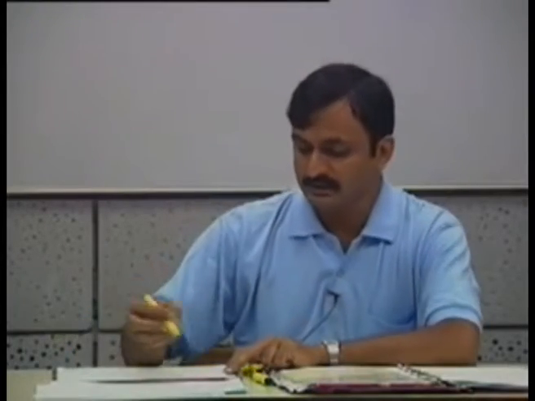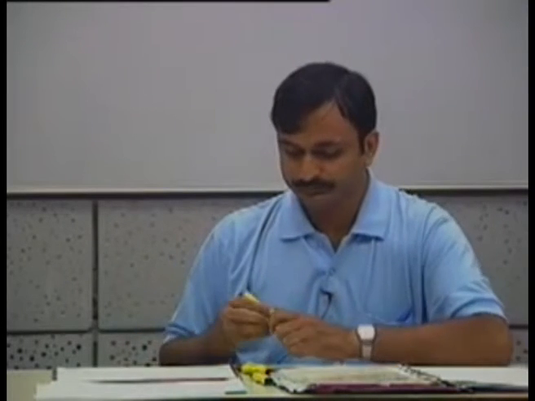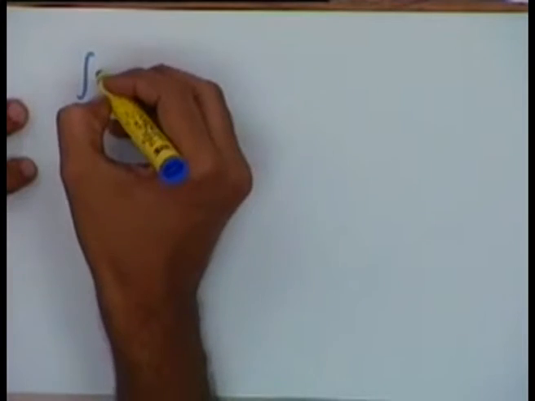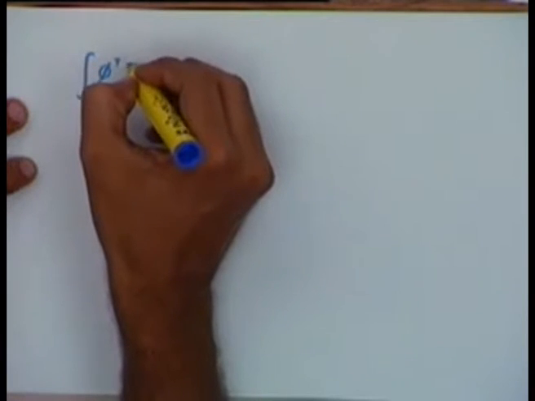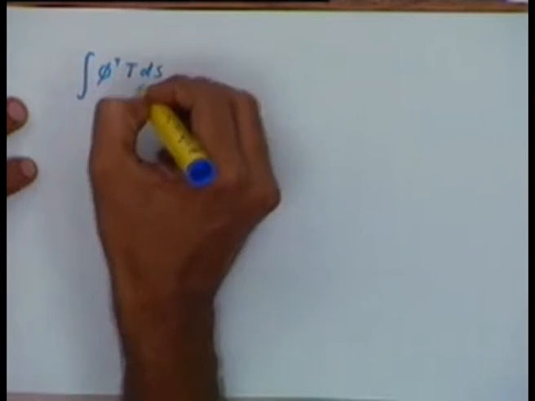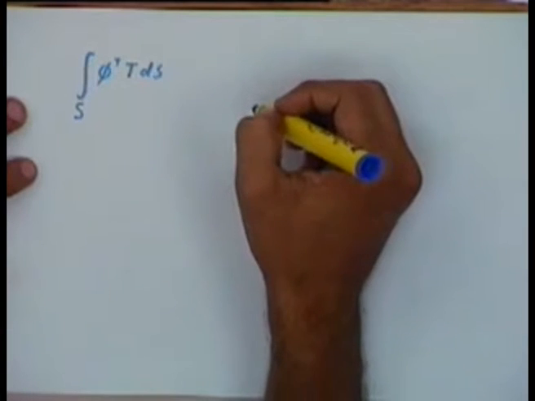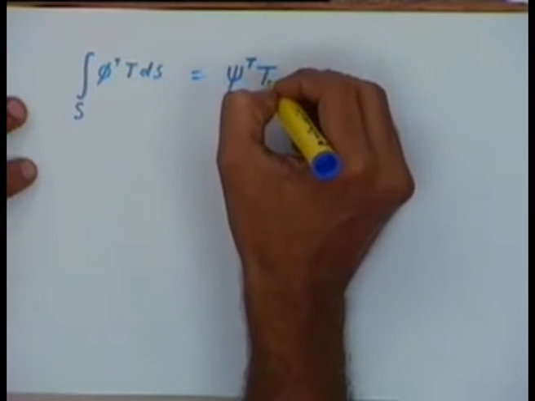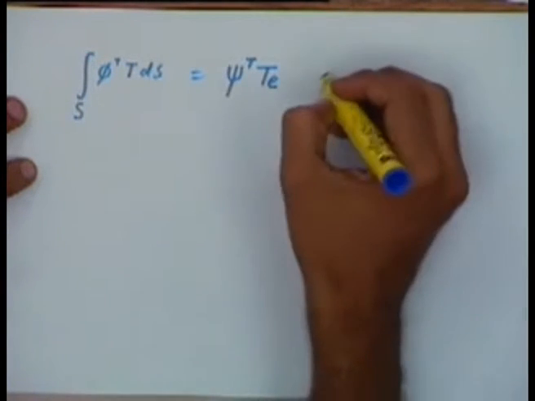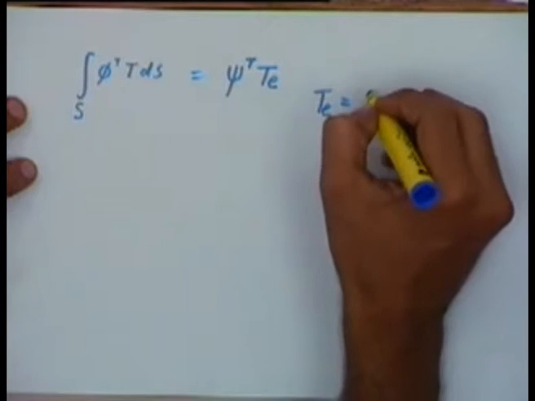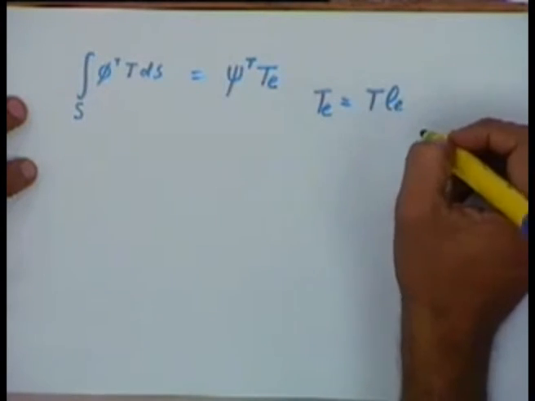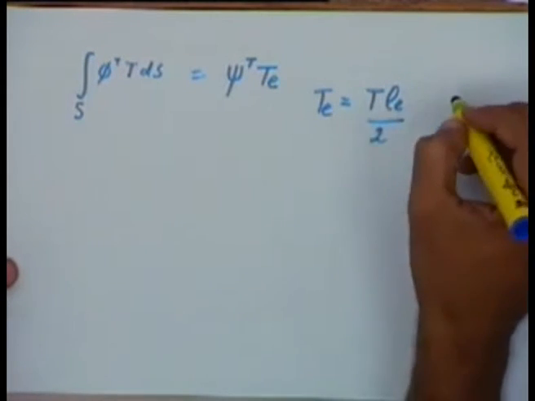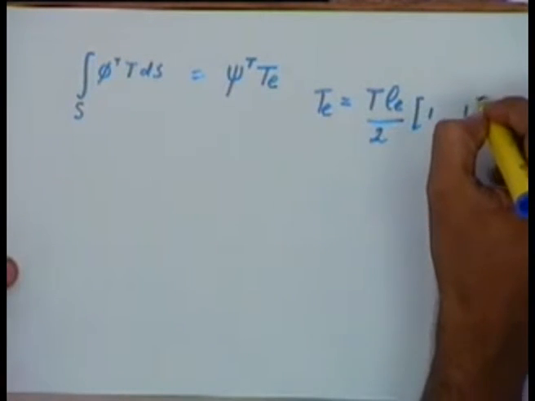I will leave it for you to derive that this term, the surface integral of phi transpose T ds, will be equal to psi transpose times Te, where Te will be equal to T times Le, which is the total tractive force acting on the element, divided by 2, and that would be split equally between the two nodes.